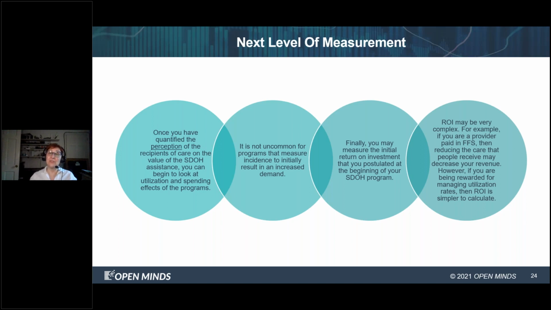And then when you start to think about your return on investment measurement, you want to think about all of the economic components, right? So it's really not just the direct services that you're getting paid for, but how you're working with that human being and how that human being is utilizing other services.